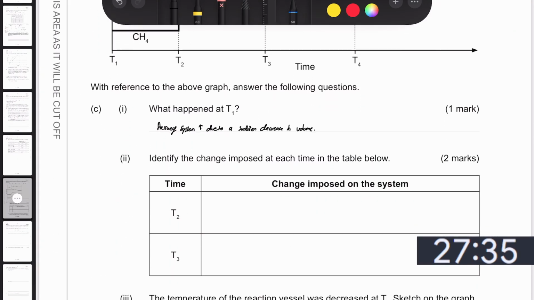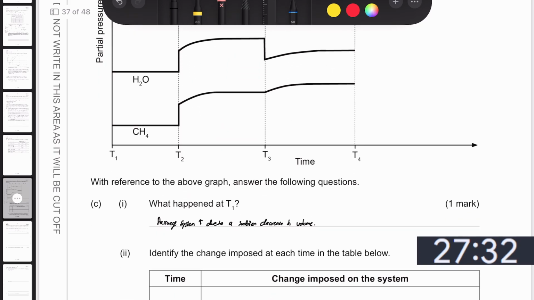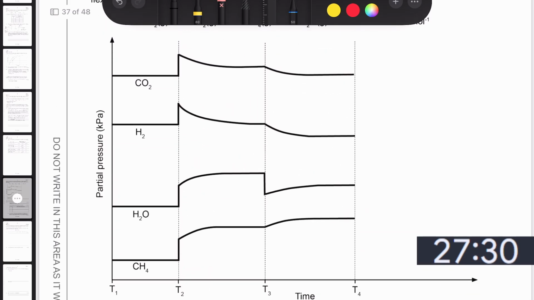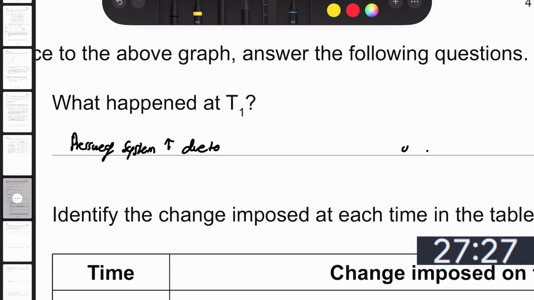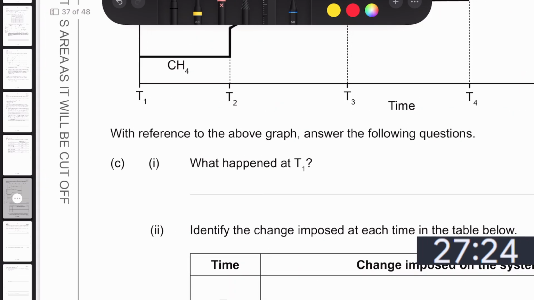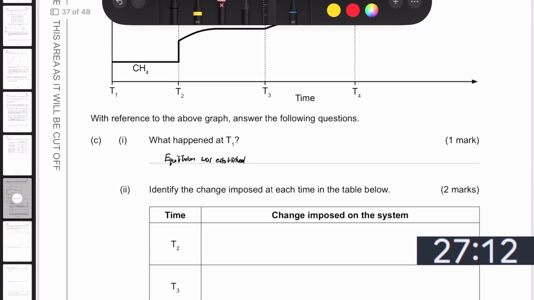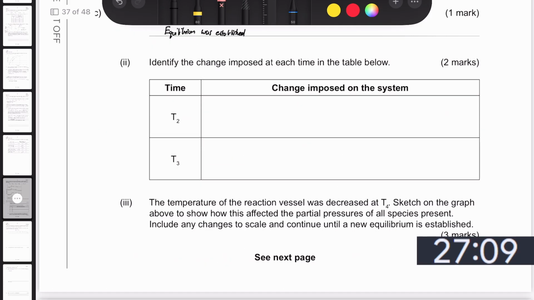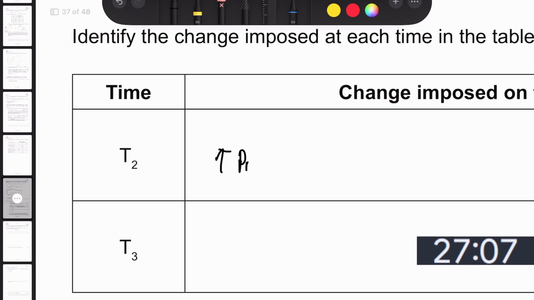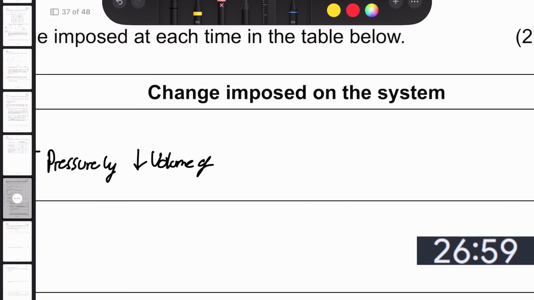Identify the imposed change at each of the times below. So at time, oh sorry, T1, I was looking at the wrong thing. T1 is just here, so equilibrium is established. The change imposed was an increase in pressure by decrease in volume of container.